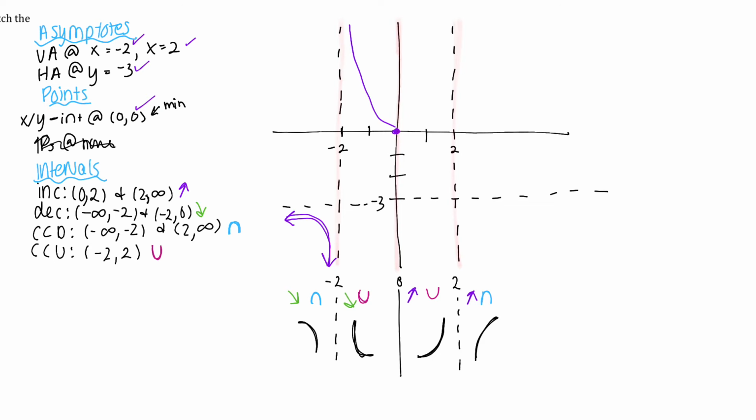For the middle section, we're making this shape, hugging those asymptotes. We're not passing them, we're hugging them. And then once again, you're really choosing from these two shapes. And the only ones that match are going to be these.